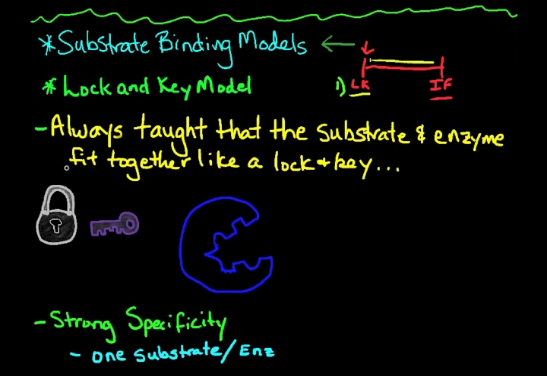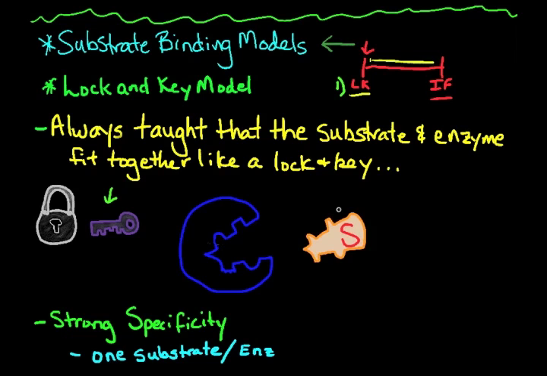The lock and key model describes the process of substrate binding to the enzyme in the active site as a key inserting into a lock. That's the idea of the lock and key model.